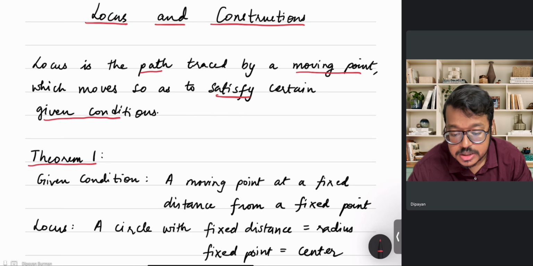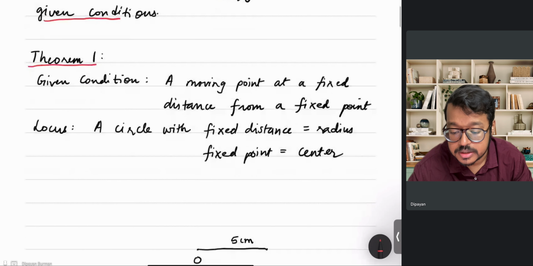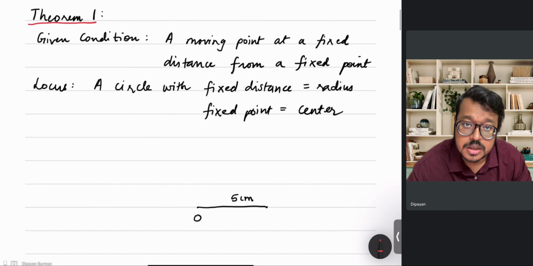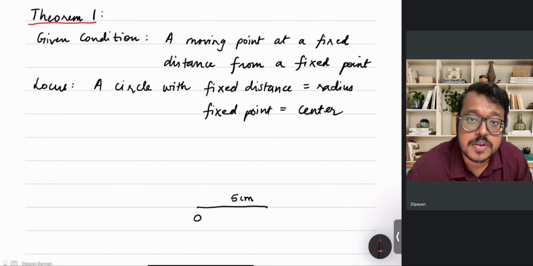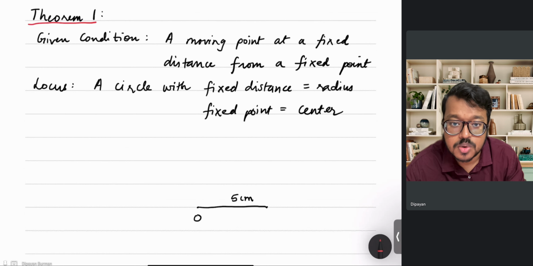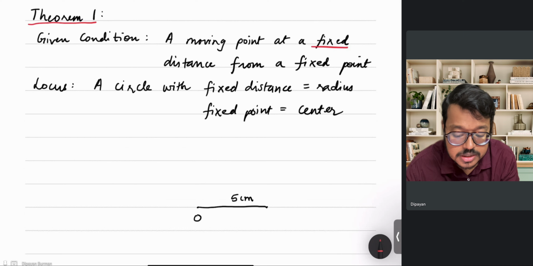In your ICSE syllabus, there are exactly 3 theorems. The theorem will have a given condition and they will tell what is that path traced by a moving point which will satisfy those given conditions. So, here the given condition is that I need a moving point which is always at a fixed distance from a fixed point.